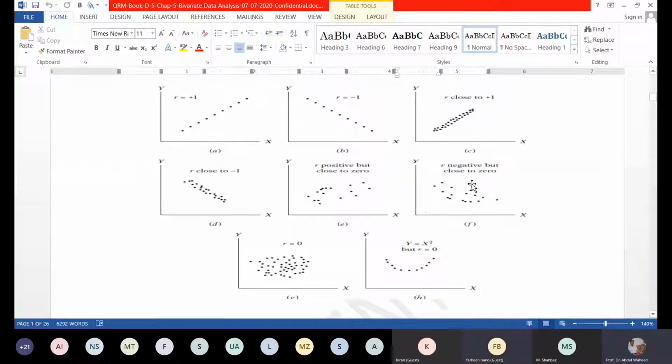Why do we have to draw scatter plots? Normally we want to know the nature of the relationship between two variables. So we want to know about the correlation.